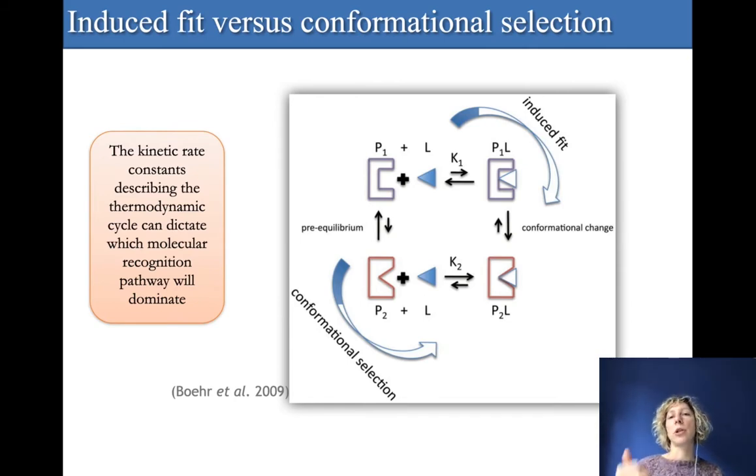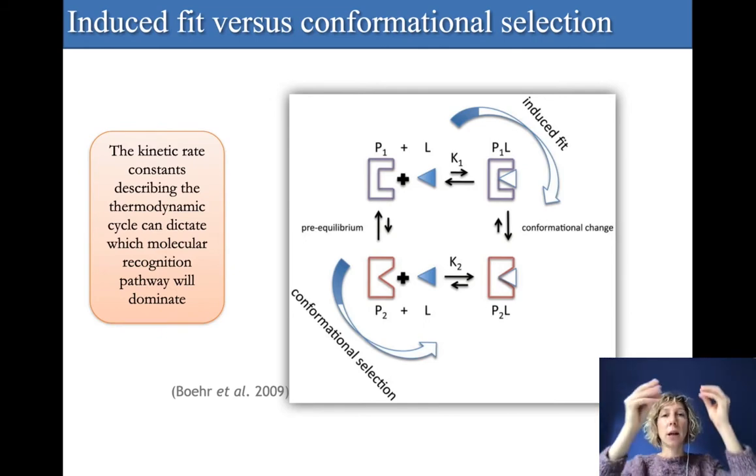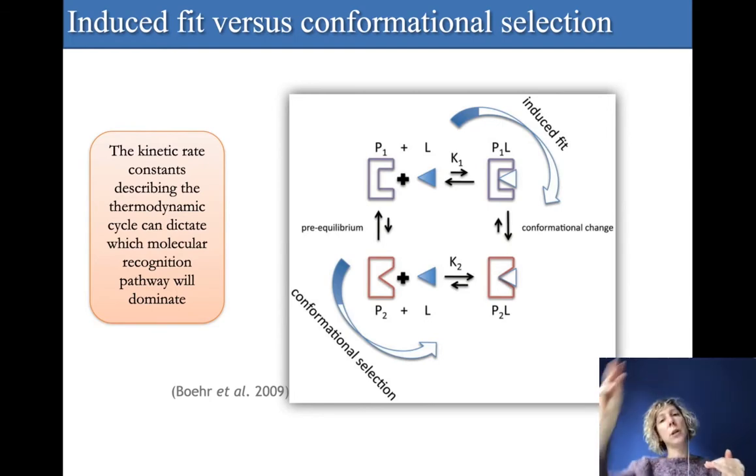So the one in orange is more favored than the one in purple, because the one in purple doesn't really fit with the ligand, right? So you may still have the ligand that binds to the purple one, and then it will produce conformational change. So there is conformational selection and also conformational change upon binding, which is called induced fit. And the kinetic rate constants can dictate which molecular pathway will dominate.